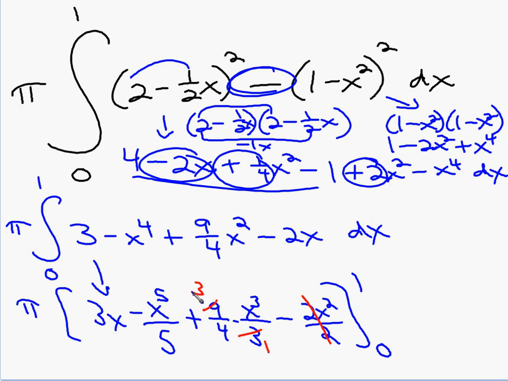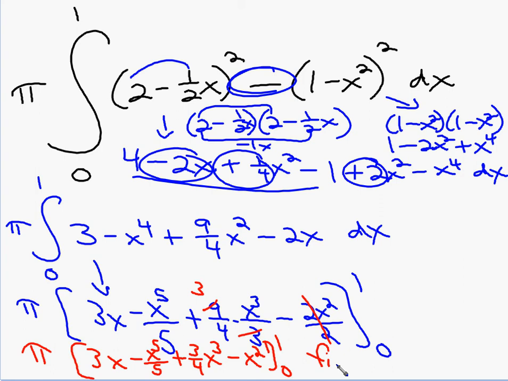So I would have pi times 3x minus x to the 5th over 5 plus 3/4 x cubed minus x squared evaluated from 0 to 1. Then you would evaluate your integral. Obviously, the 0 part would be 0, and you just finish it from there. Okay, and we are going to stop there for today.